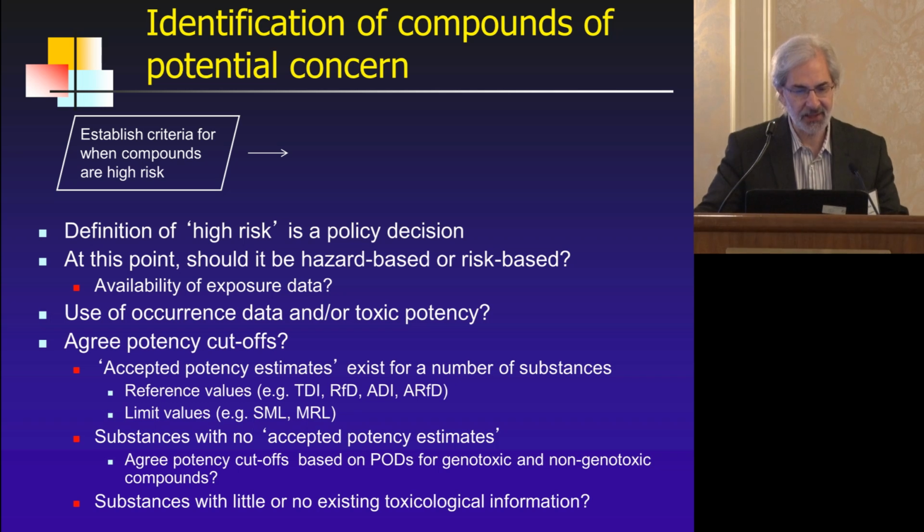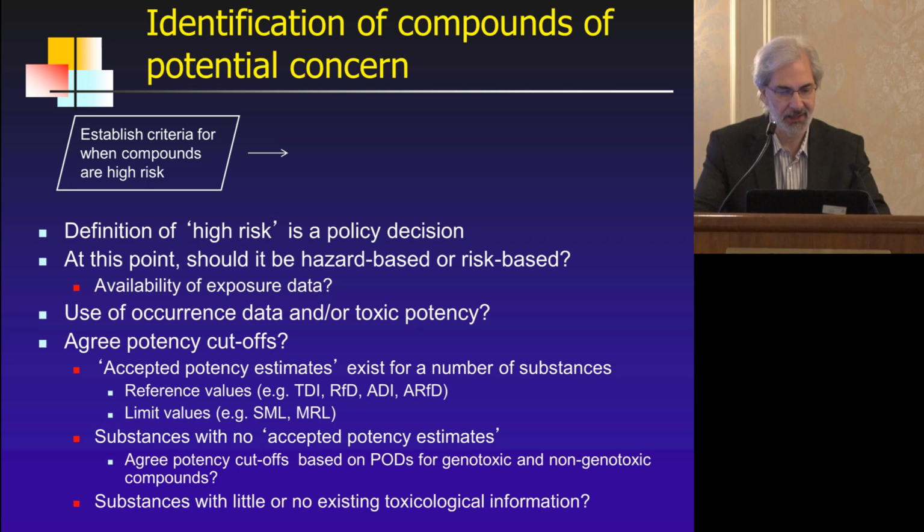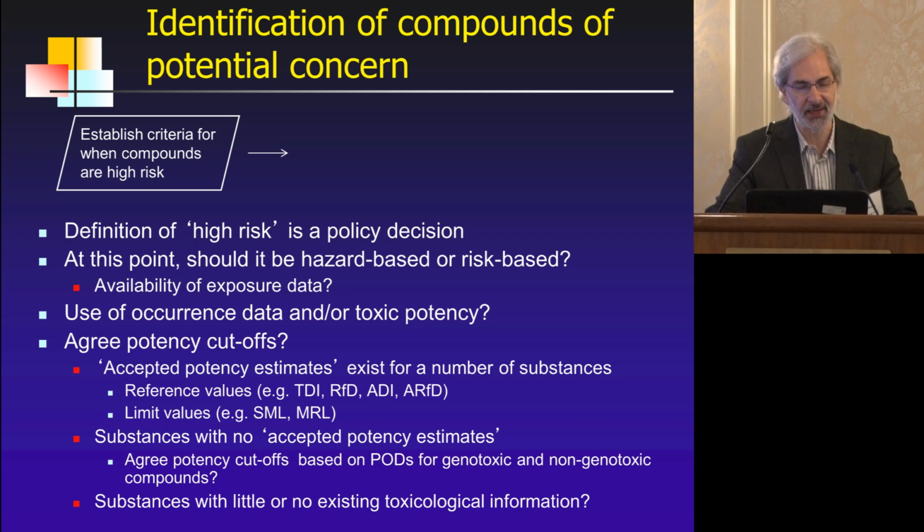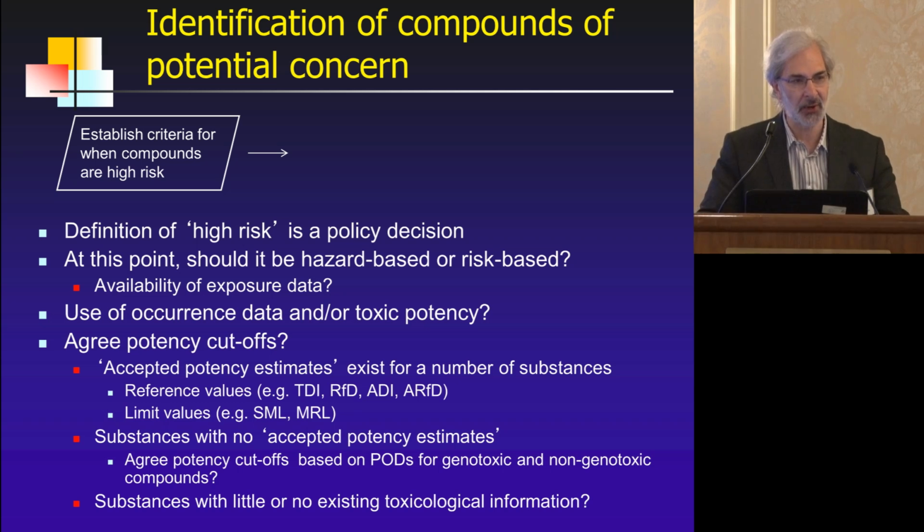So having identified our list of chemicals, we have to establish criteria for when these compounds are high risk. So what are the compounds of potential concern? And you heard this morning about this problem of balancing hazard versus risk, etc. And I thought about this and I came to the conclusion that this is not an easy question.